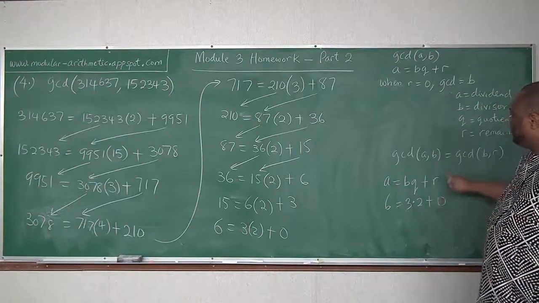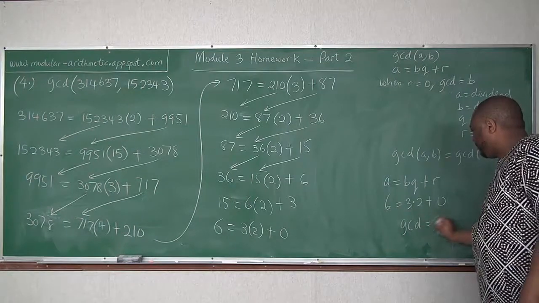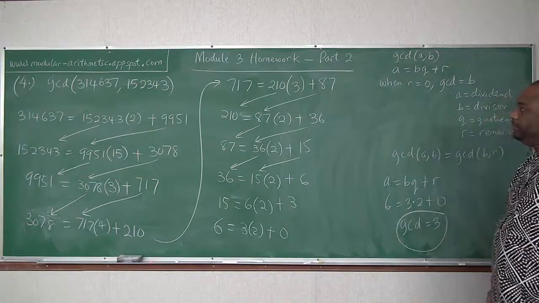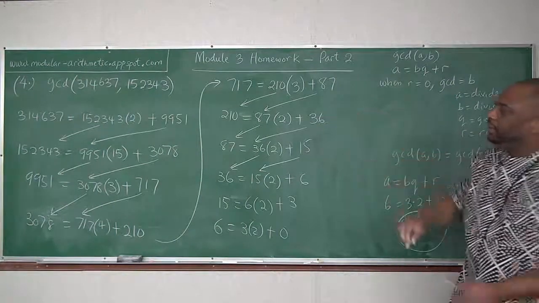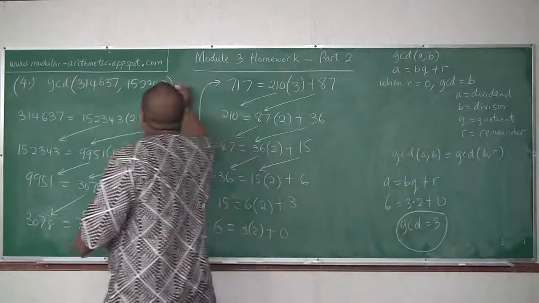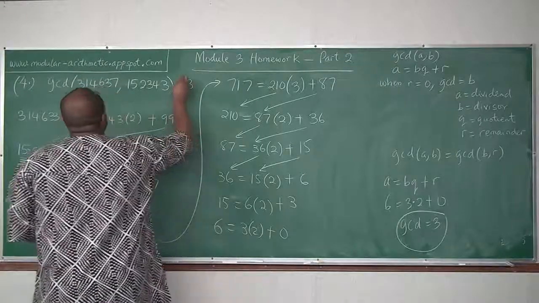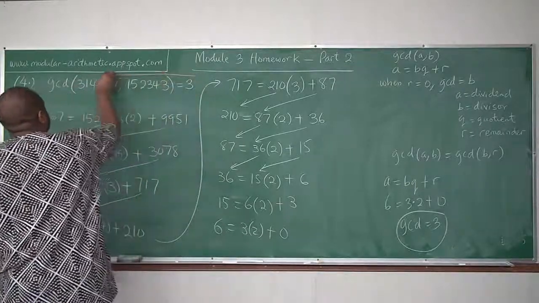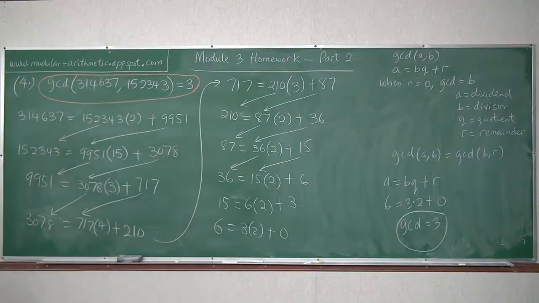When R is 0, the GCD is 3. Okay, so we just write that the GCD of this is 3. And that becomes our answer. First part, our answer.